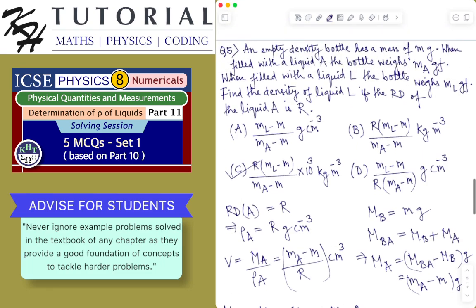So with this, it comes to an end in solving 5 multiple choice questions on the topic of determination of density of liquids with the density bottle. I don't know whether I will be able to frame more questions. I will try. If I can, then I will make another set 2 of 5 multiple choice questions.